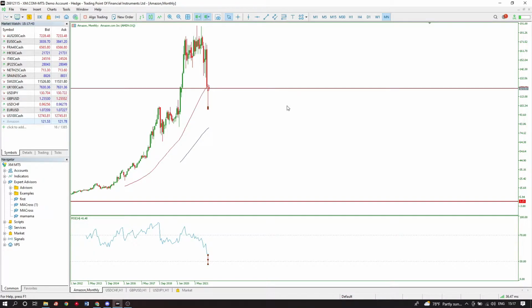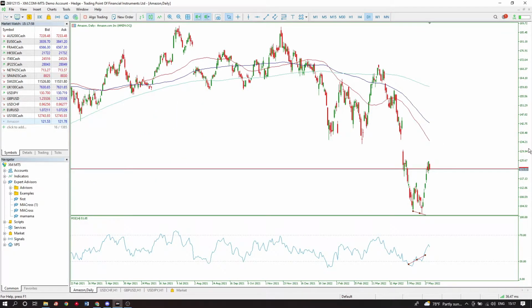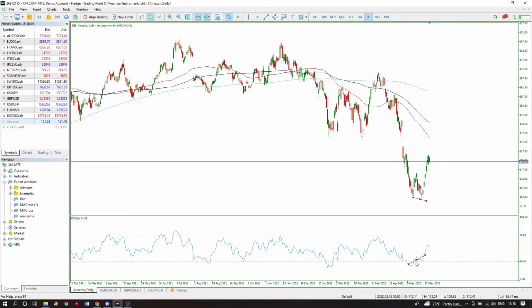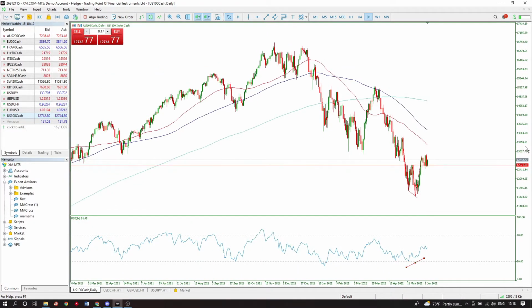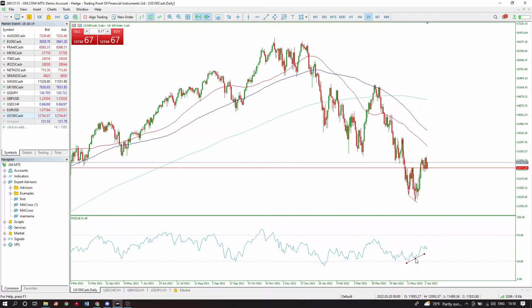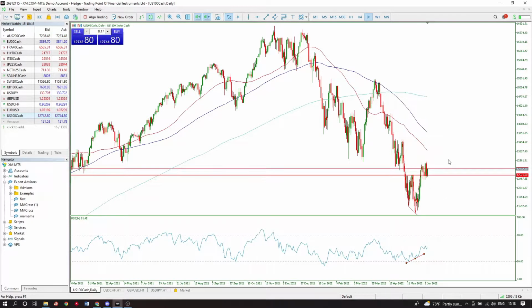Amazon is in the NASDAQ index, but there are also a lot of other companies that don't have the same correlation as Amazon. And here you can see the very same signal on NASDAQ with a double bottom. Here this is Amazon, and this is the double bottom of NASDAQ. The very same signal, a double bottom also here.